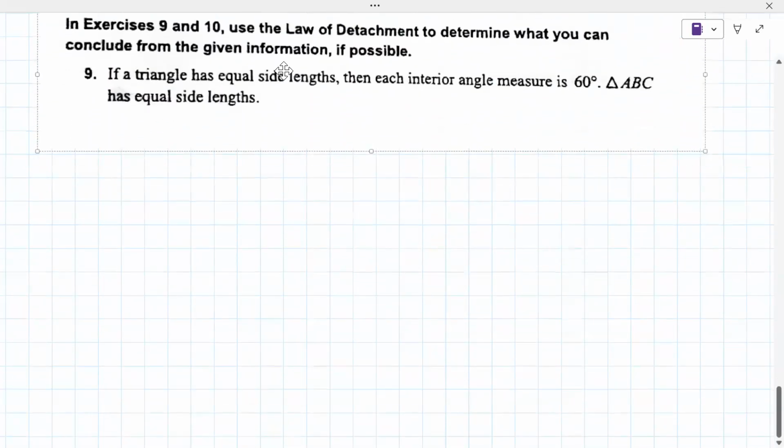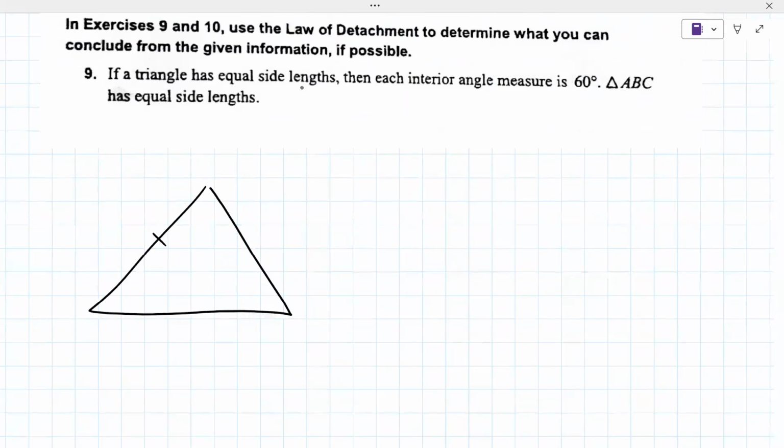So we'll just look at the statement. If a triangle has equal side lengths, okay, so here's a triangle, equal side lengths, then each interior angle measure is 60 degrees. So you'll learn this later in the course, but if all sides are the same, then all angles are the same.